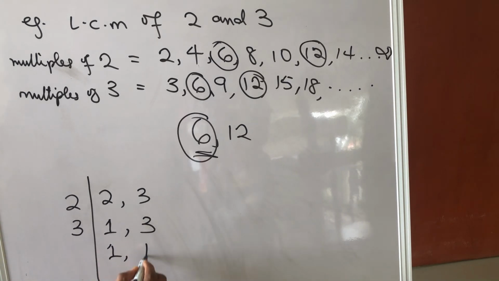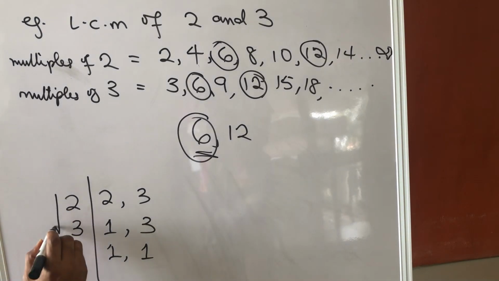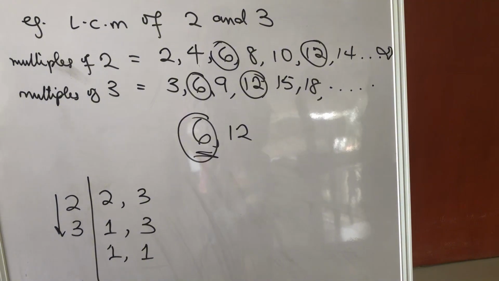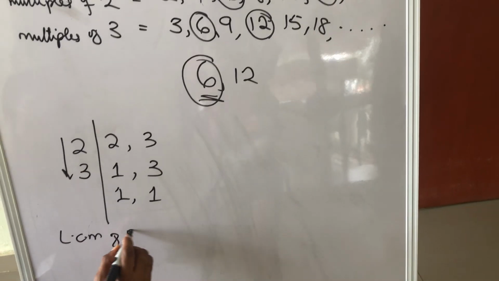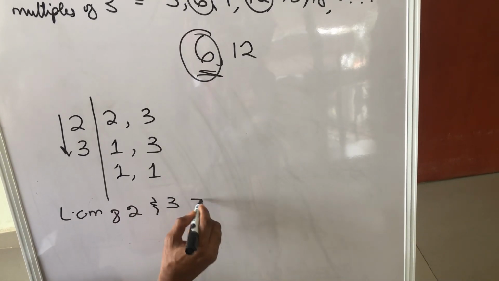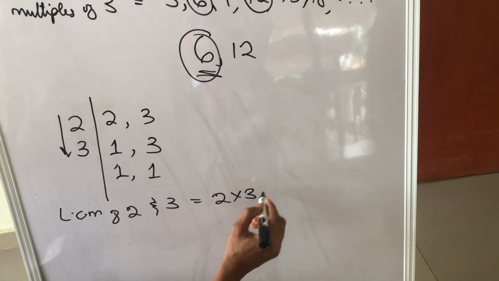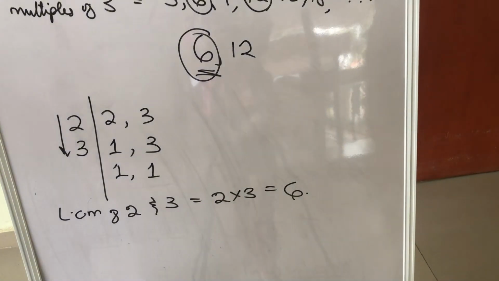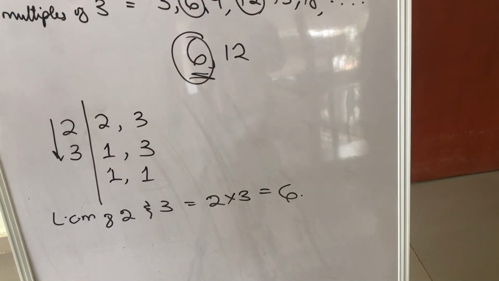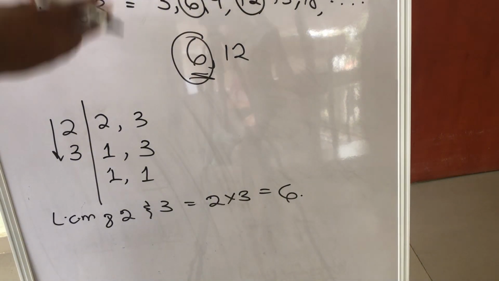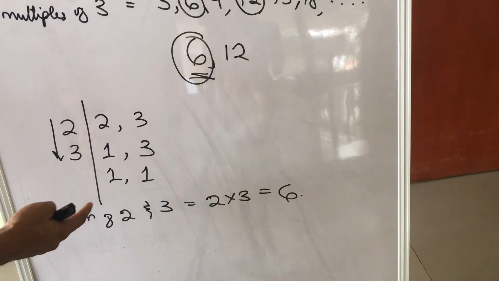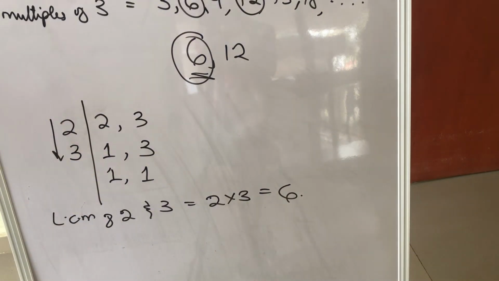Then 3 into 3 will give you 1. Then you multiply these divisors here. So the LCM of 2 and 3 is equal to 2 times 3, which is equal to 6. So that's how you calculate LCM. This is an explanation of what it really means to be the lowest common multiple, and a mathematical method of how you can solve it to get your answer.